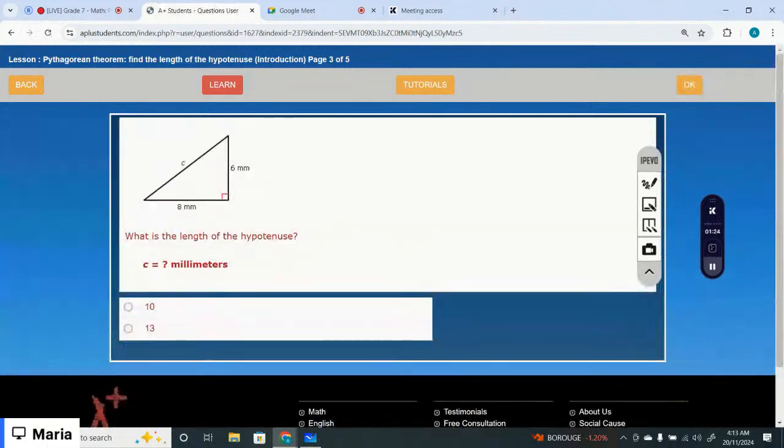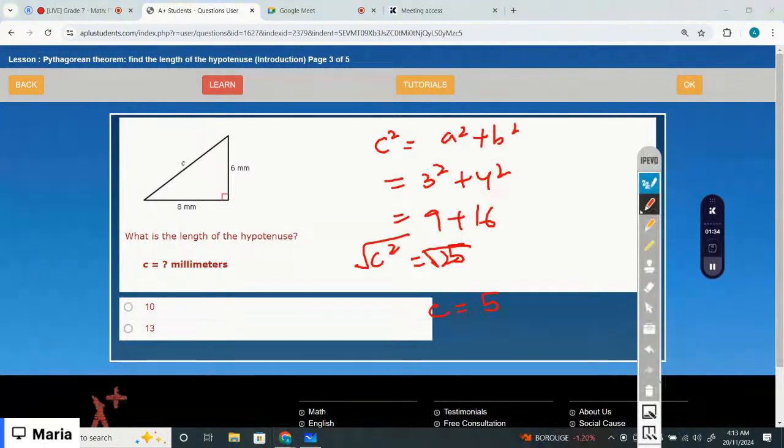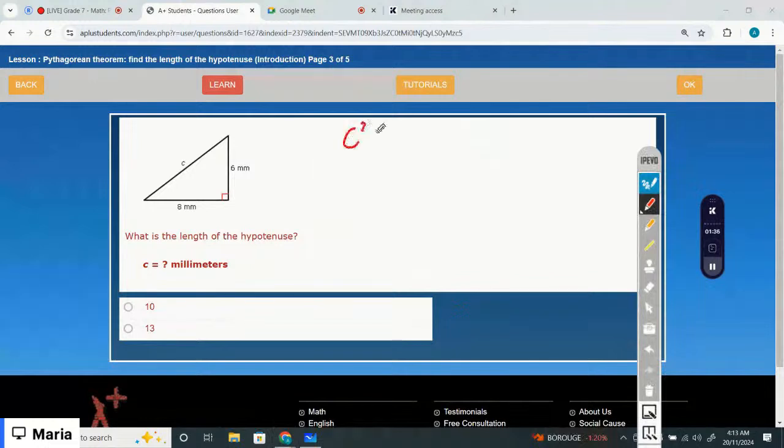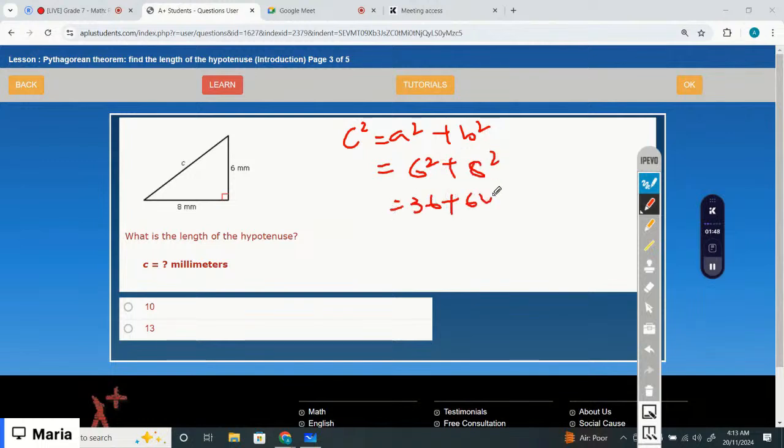Okay, the next one is what is the length of the hypotenuse? So you have to calculate the length of the hypotenuse. So you have to do a square plus b square. So a is 6 square, 8 square, that is 36 plus 64. So c square equals 100.